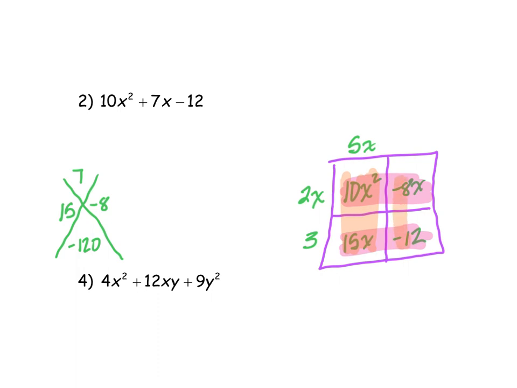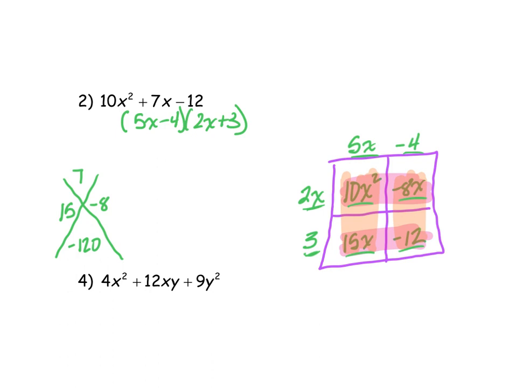And negative 8x and negative 12 should probably be negative 4. And check yourself. 2x times 5x is 10x squared. 2x times negative 4 is negative 8x. 5x times 3 is 15x. And 3 times negative 4 is negative 12. So my answer is 5x minus 4 times 2x plus 3. Awesome job, you guys.